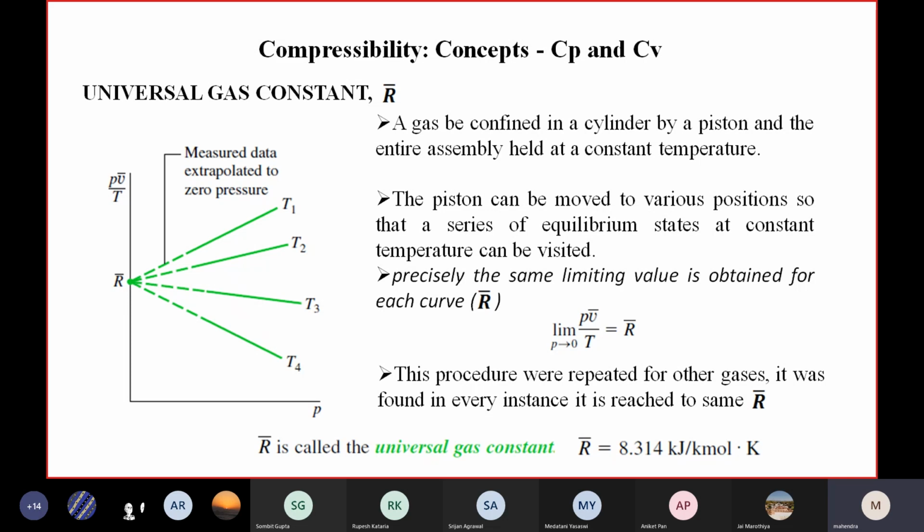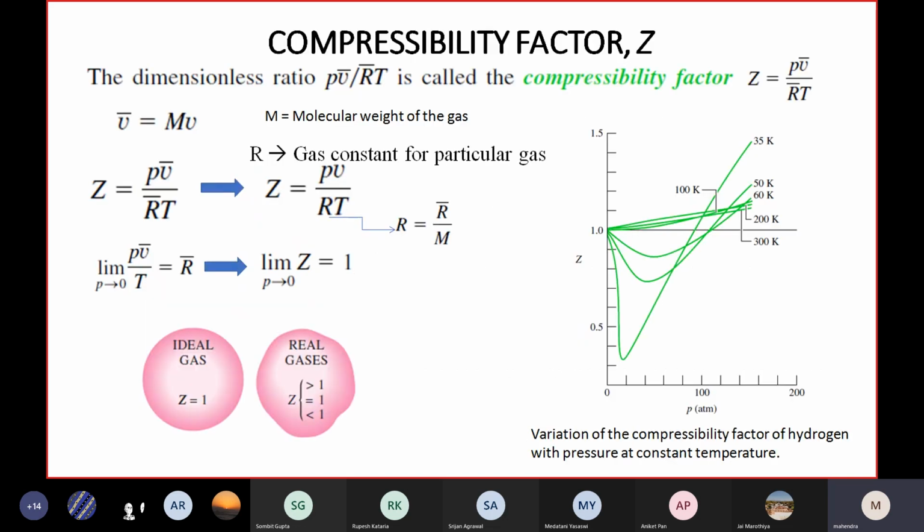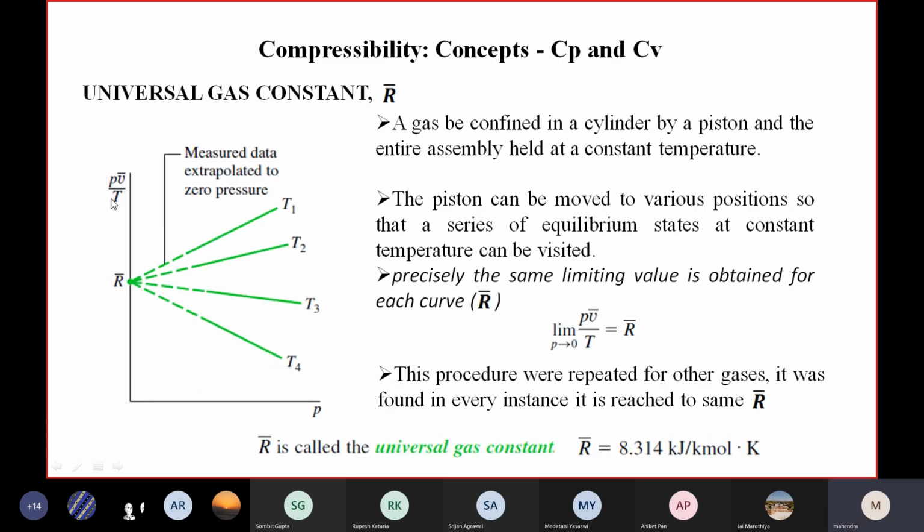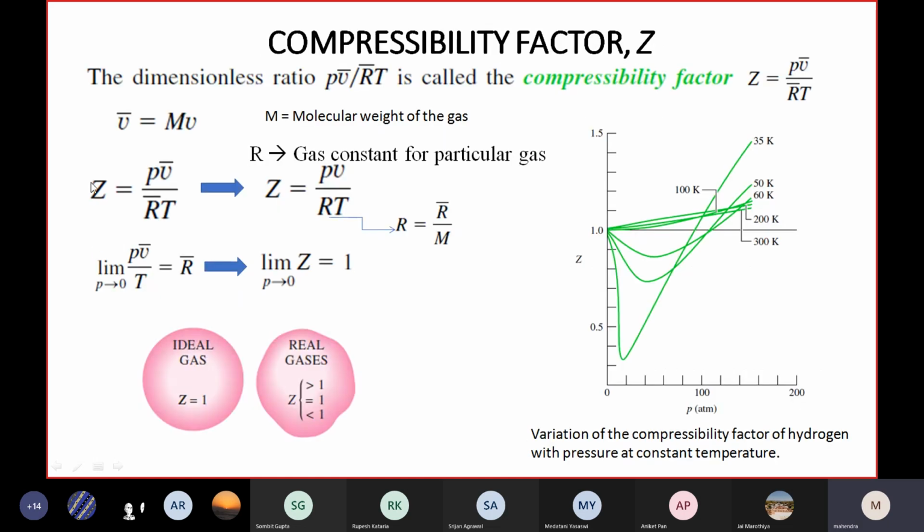Now out of this, we are defining the compressibility factor like this. PV by T, and that itself is R. So now we are dividing this by this, and that we are calling Z. That we are taking as the compressibility factor.